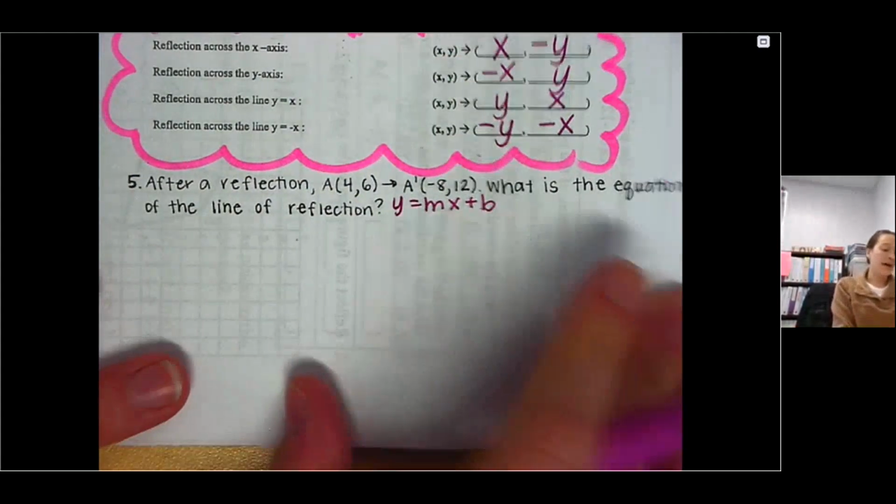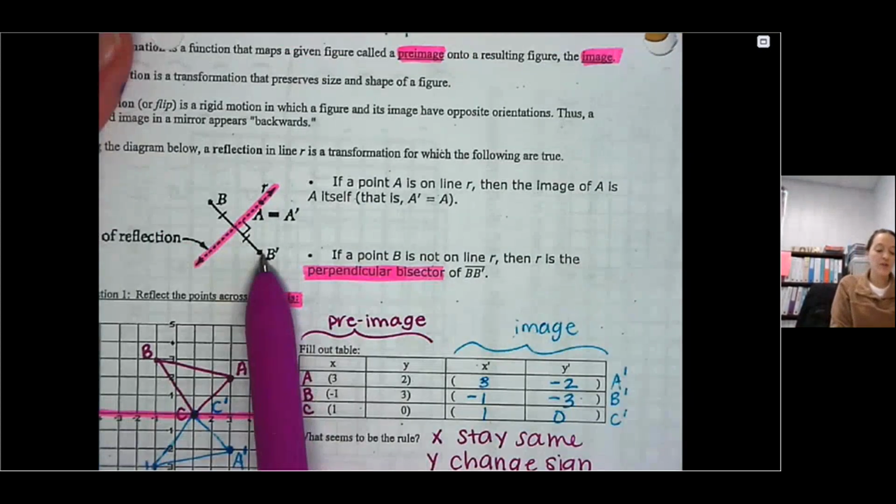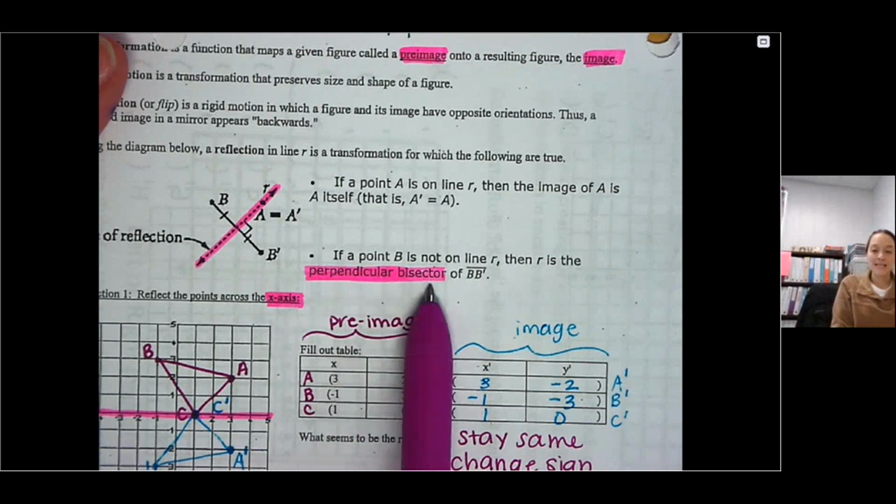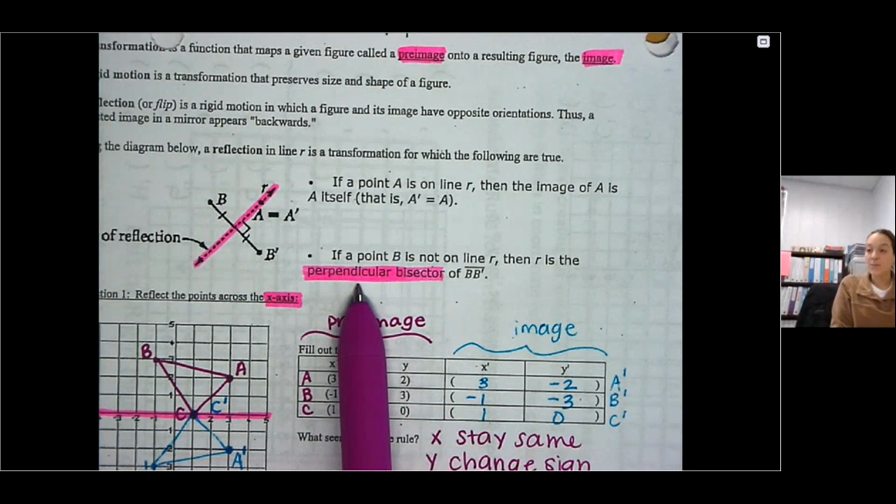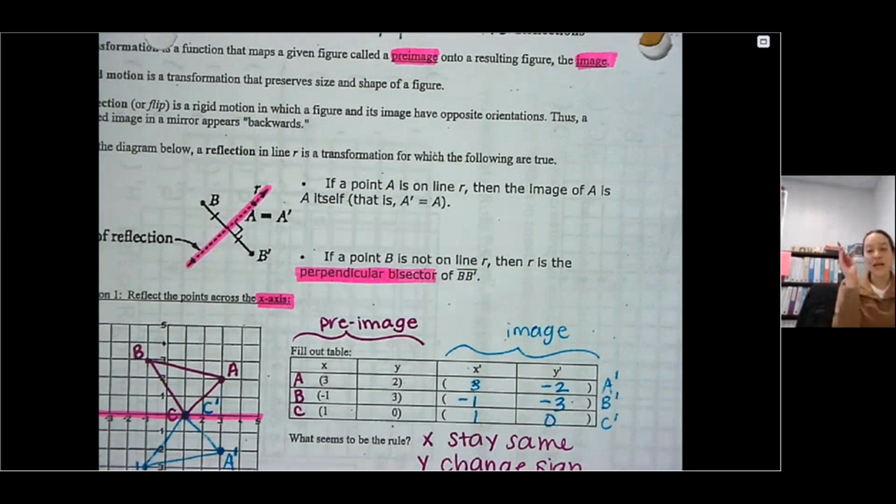We also know that if a point is not on the line of reflection, it is going to create a perpendicular bisector. So perpendicular, again, means that it's going to create 90-degree angles, and then bisector means the point directly in the center. It has to divide the segment in half. So I essentially need the midpoint in order to do this.